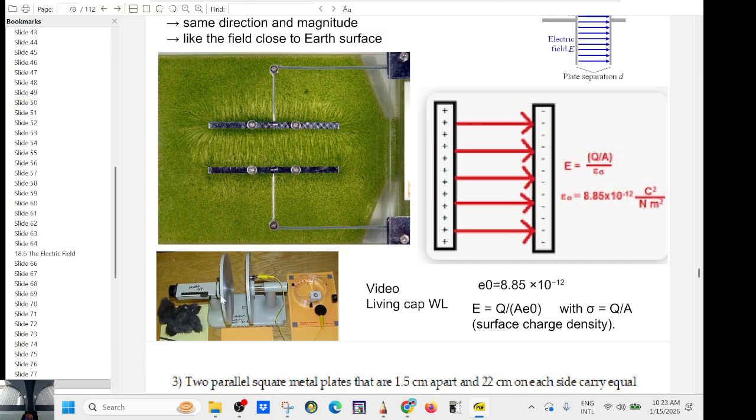So it could be a pi r squared in that case, or if it's a rectangle, it could be width times length. Okay, so the area, epsilon 0. Okay, epsilon 0 is a constant. Agree? This is an equation. It goes from plus to minus.